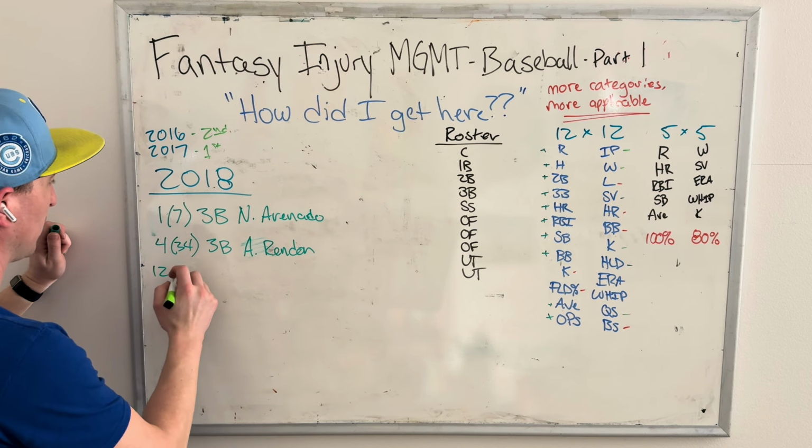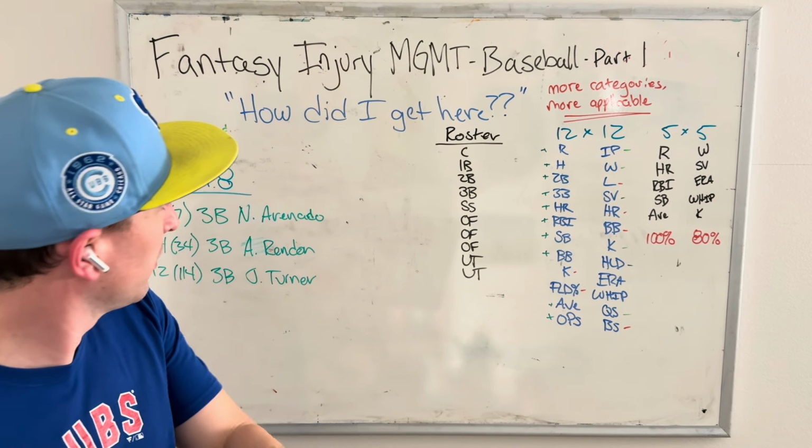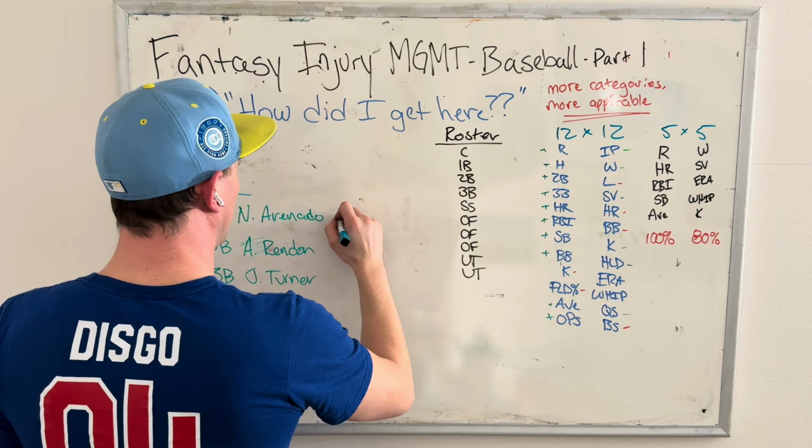Now, playing through this season, the 2018 season, this is where this all started coming together. Nolan Arenado finished the season with 590 at bats and an OPS of .935.